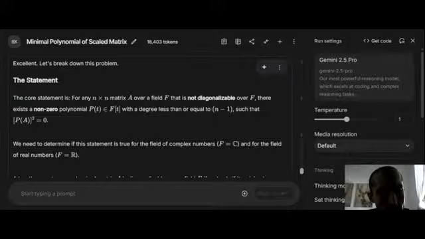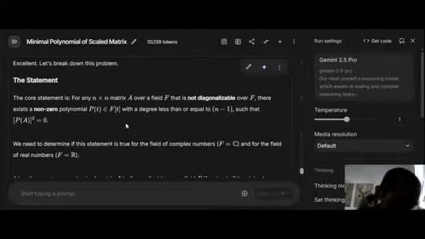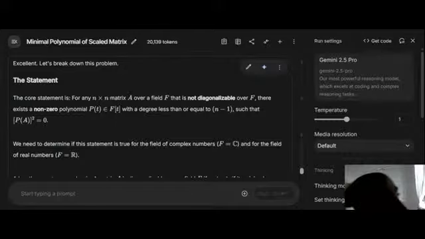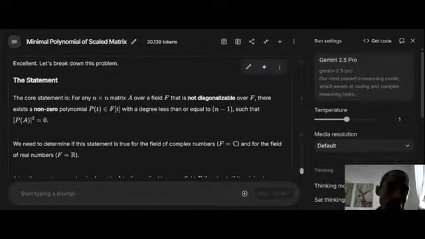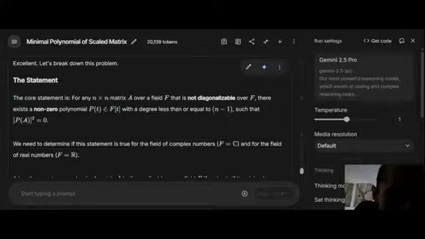The core statement is, for any n-by-n matrix over a field F that is not diagonalizable, there exists a non-zero polynomial with a degree less than or equal to n minus 1 such that if I take the polynomial to the power of 2 and substitute A, it equals 0. What the hell is this question? Not diagonalizable. Whoa, what a question.